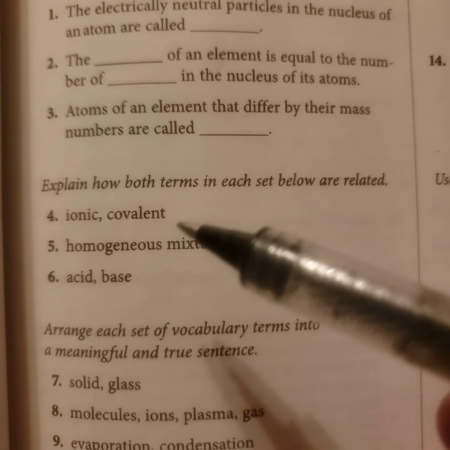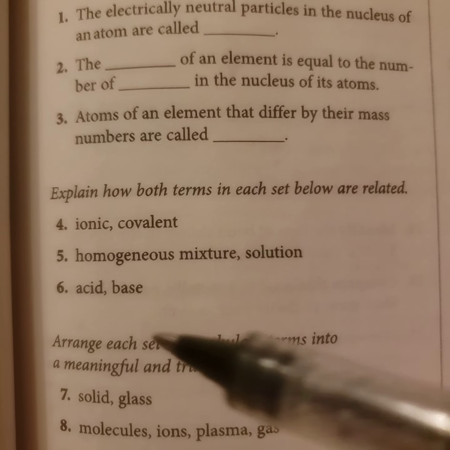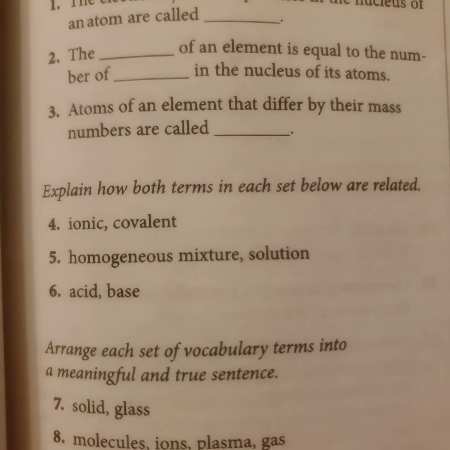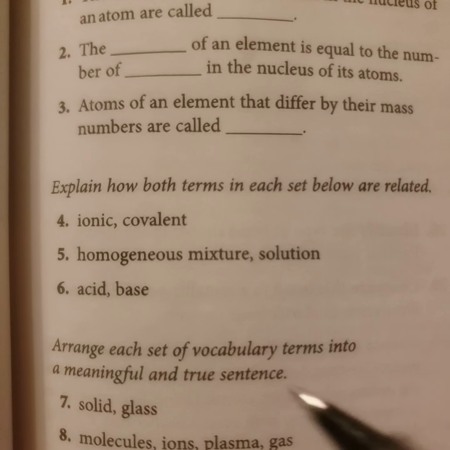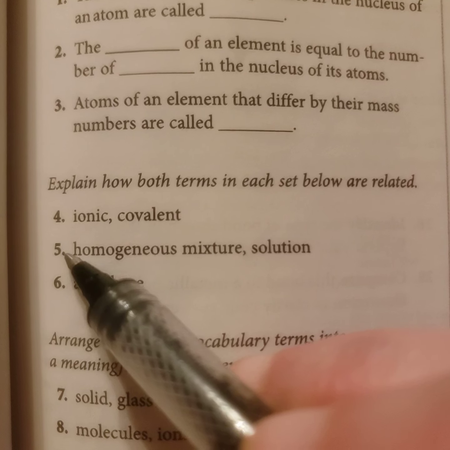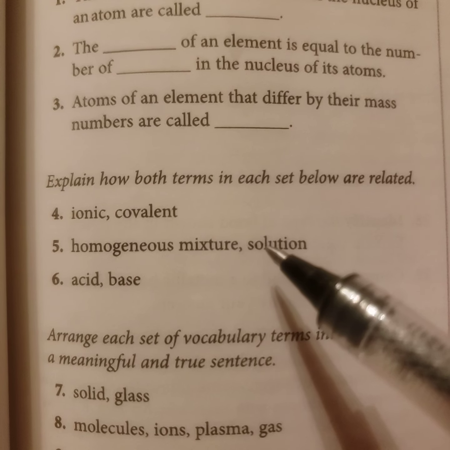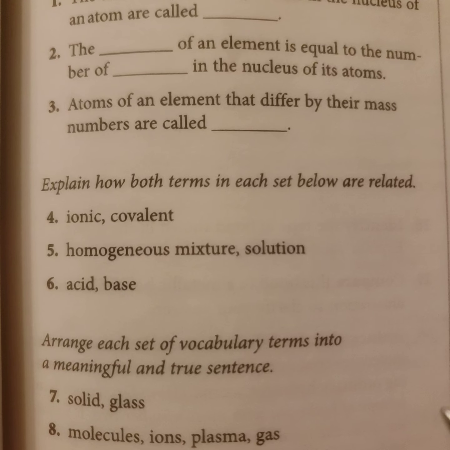Explain how both terms in each set below are related. Number 4: ionic and covalent are both types of chemical bonds. Number 5: homogeneous mixture and solution. Well, these are easy because these two mean the exact same thing.